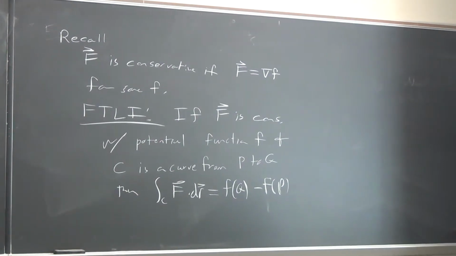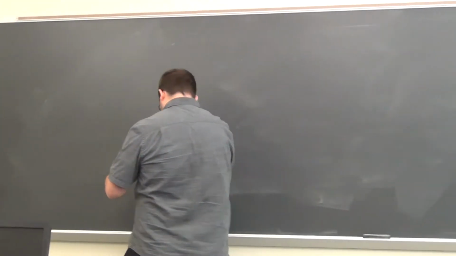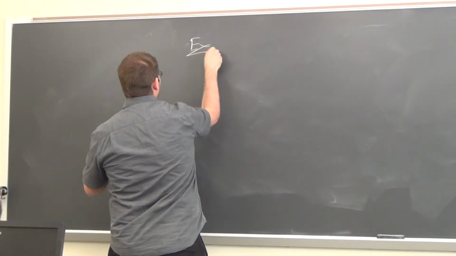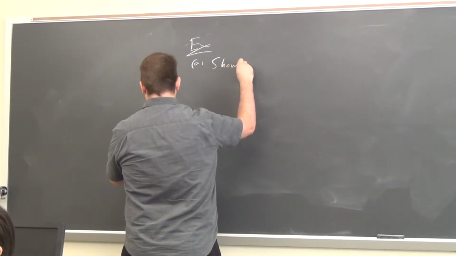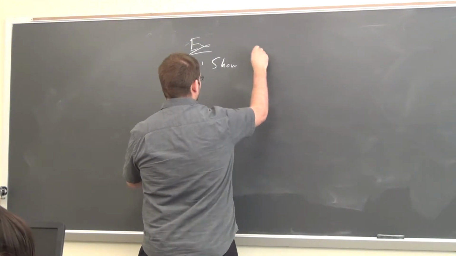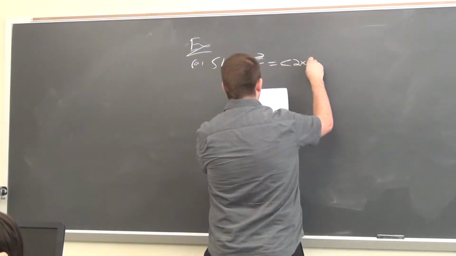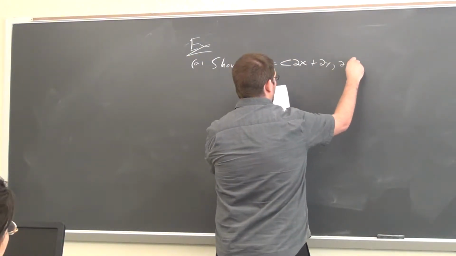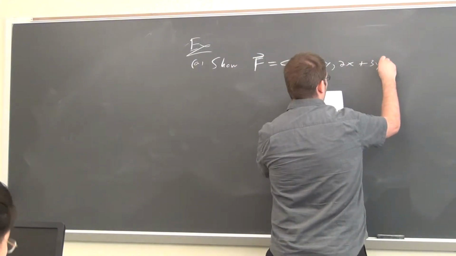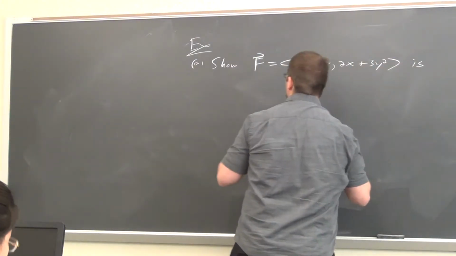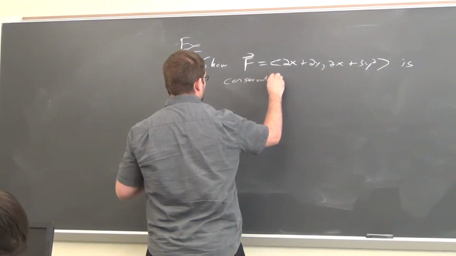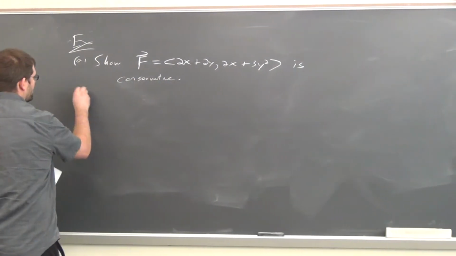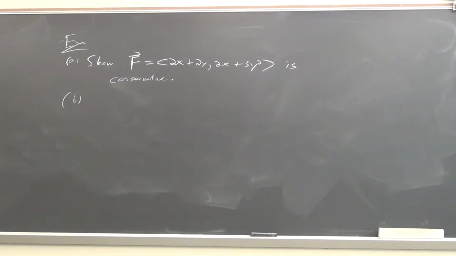So let's do an example here. First part, show that this vector field is conservative.